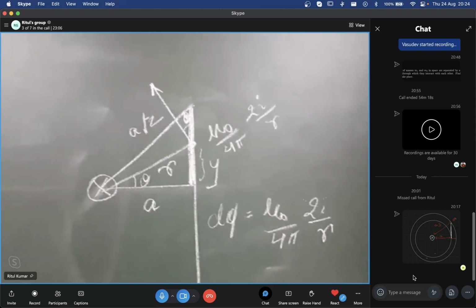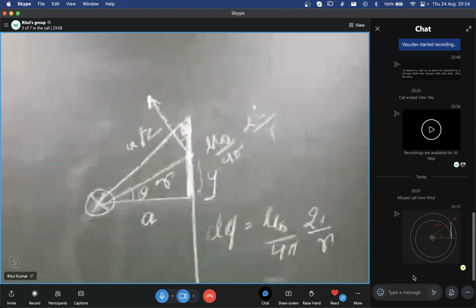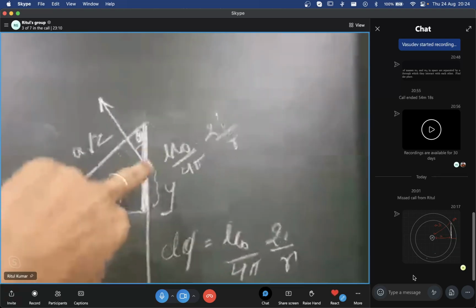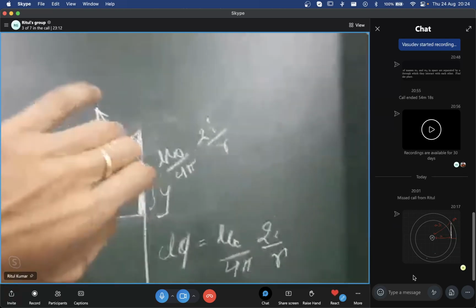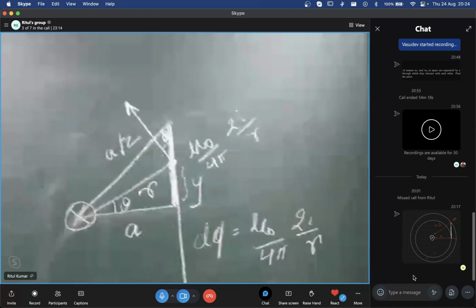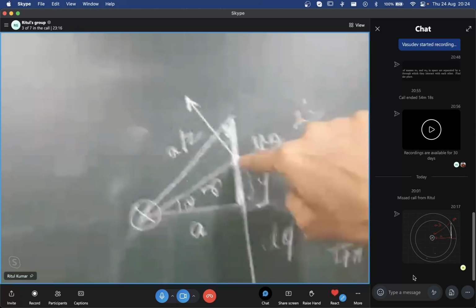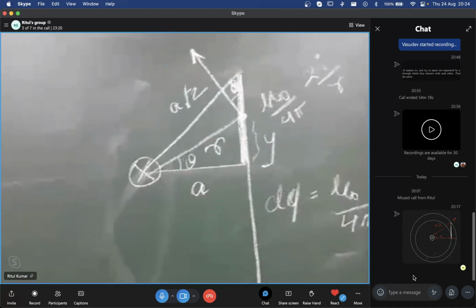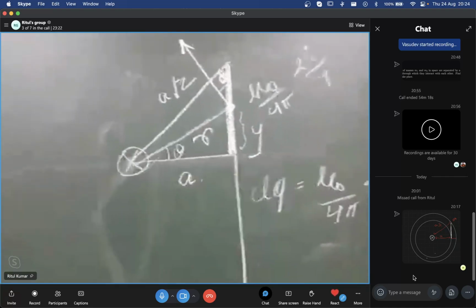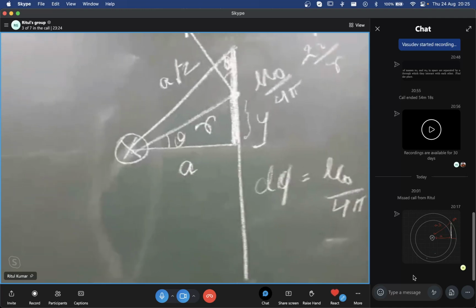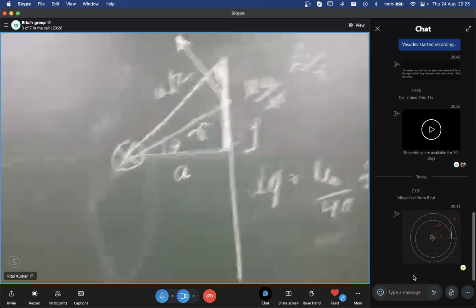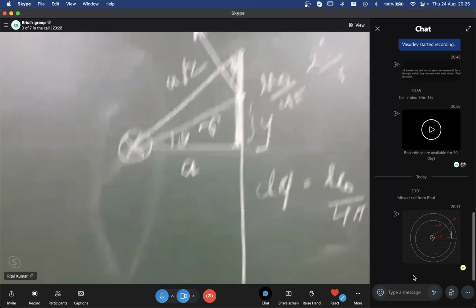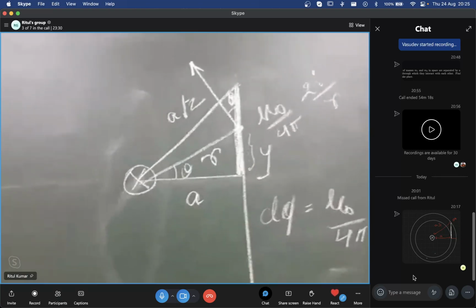Which area are you referring to? The area of the little segment. I'll take it dy into length L, which is infinite, right? I'm saying dy is R by cos theta. I have to calculate per unit length because the area will otherwise be infinite, right? So we can take it the same to be A.